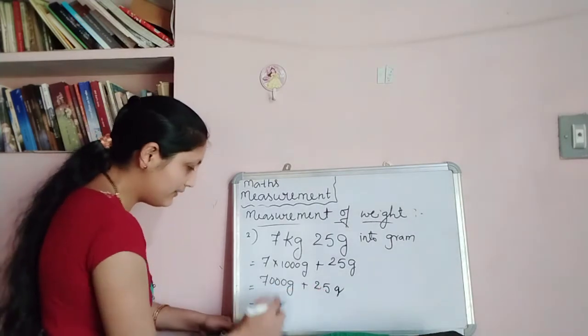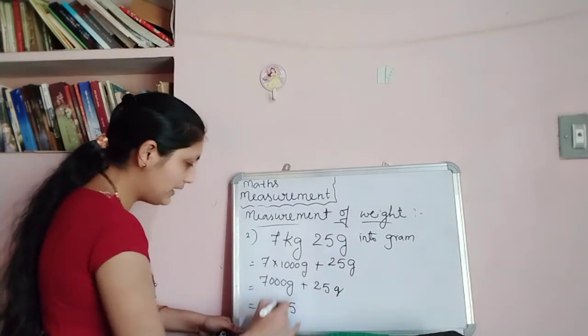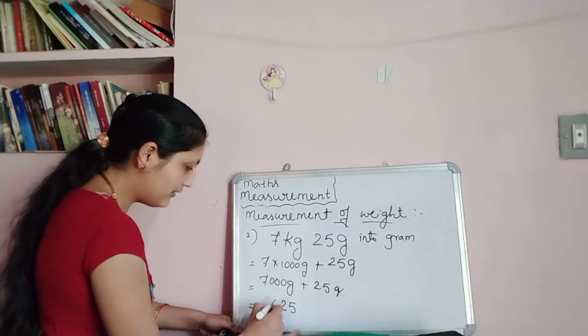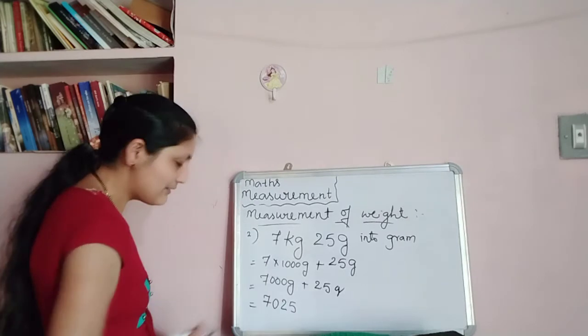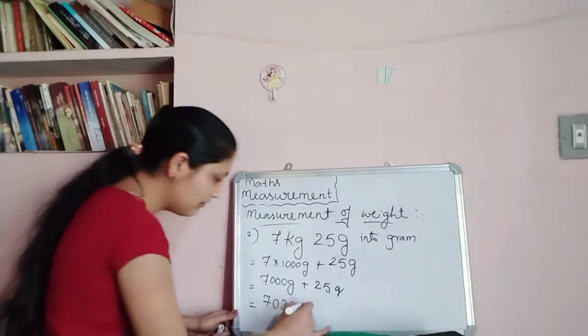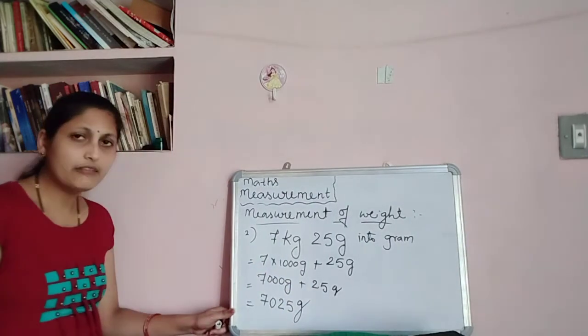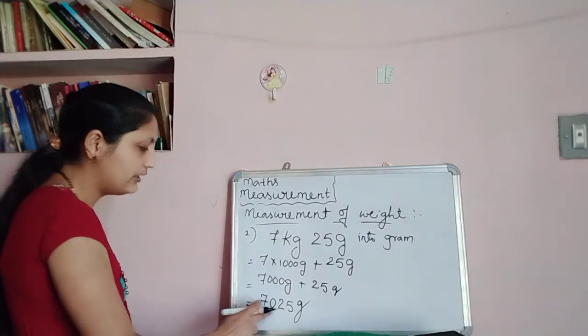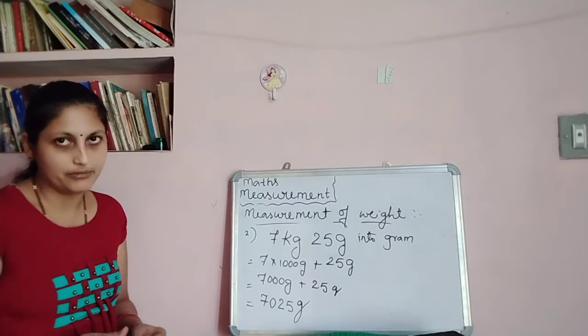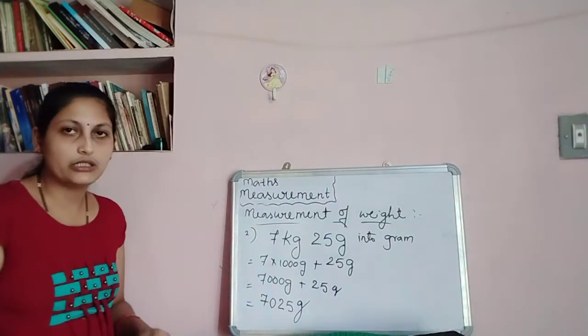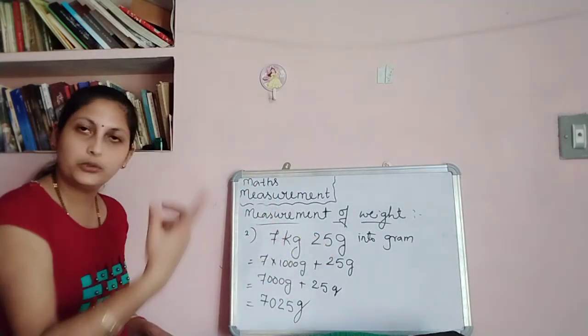So 5 plus 0 is 5. 2 plus 0 is 2. 0 as it is. 7 as it is. 7025 gram. When it is expressed in gram, it is 7025 gram. So this is how you have to convert kilogram and gram into gram.